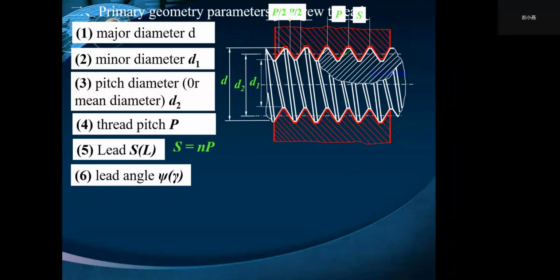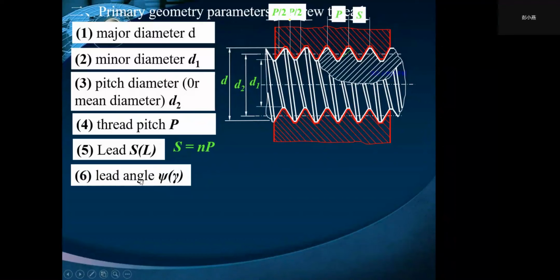For a single-threaded screw, S or L is equal to P. But for a multi-start screw thread, S is n times P, where n is the number of threads.